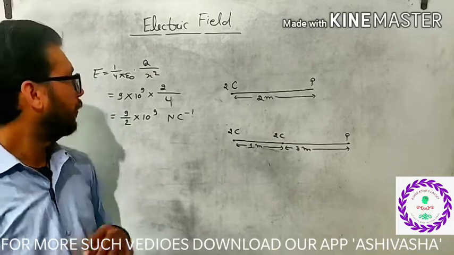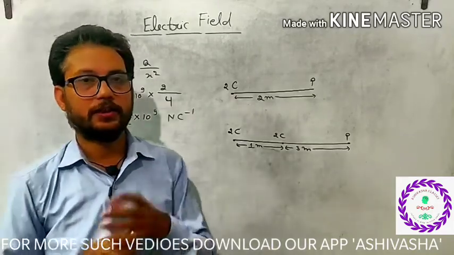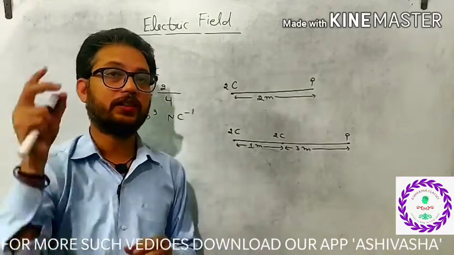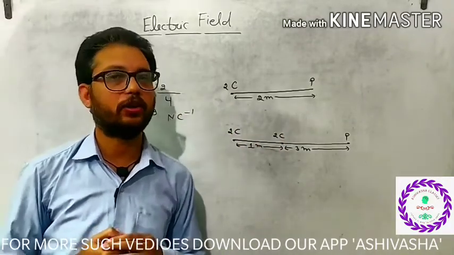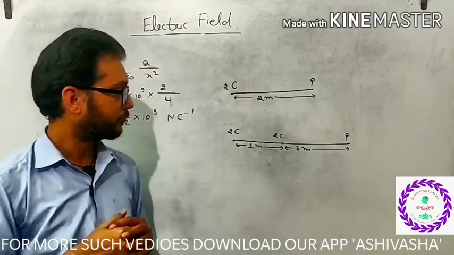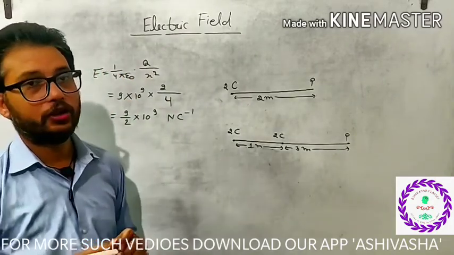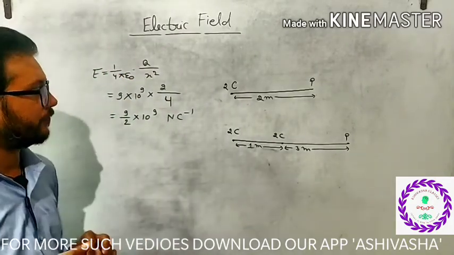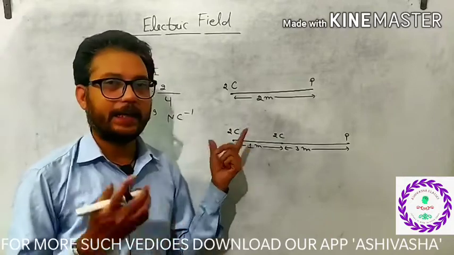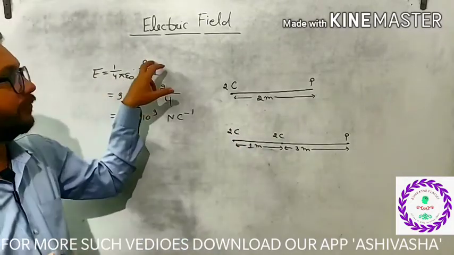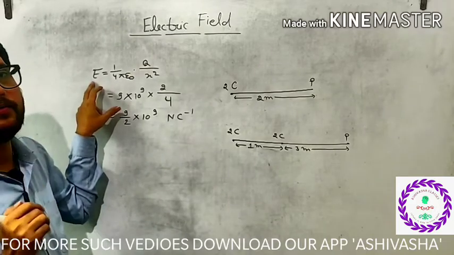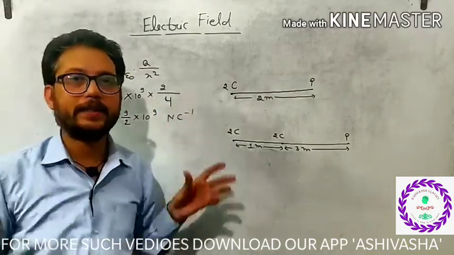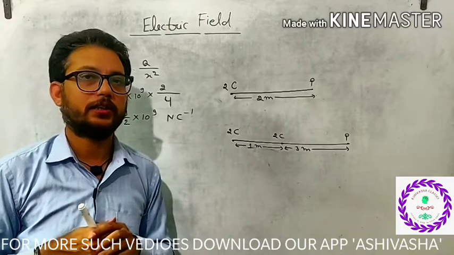Why vector rule? Because electric field is a property due to which any charge applies force. Force is a vector, it means electric field will also be a vector. How will we solve this question? Firstly, as I have already told you, if we have one charge, then it has one electric field, or we can say one region around the charge.